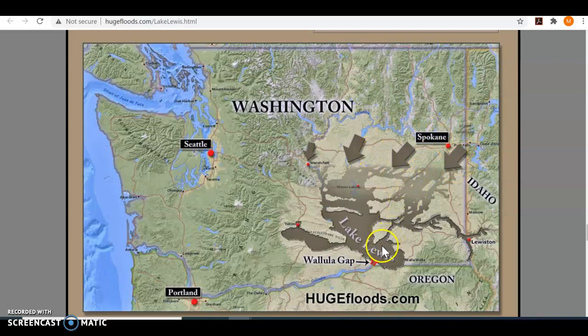And so they come rushing through the Wallula Gap, but the Wallula Gap can't possibly handle all that water. So a lot of it just backs up, and some of it backs way up into these areas like Walla Walla, and even further back into these areas here, where basically you have very slow water. It's kind of like a big pond there, so it can deposit out those sediments.